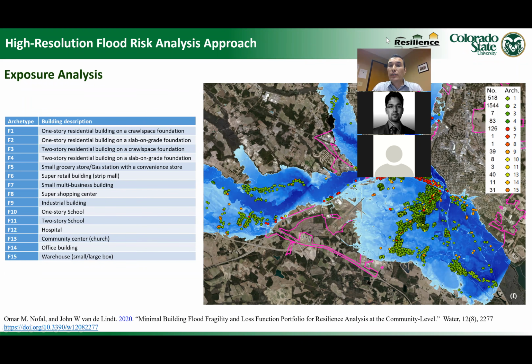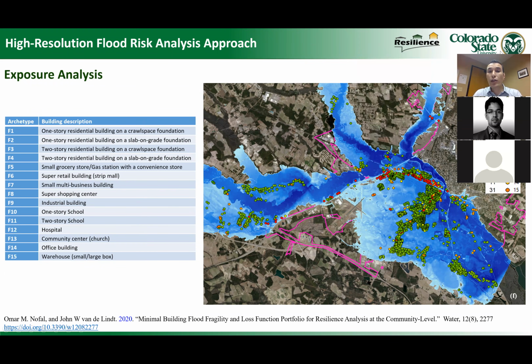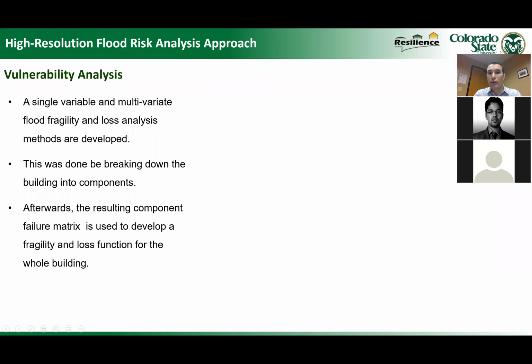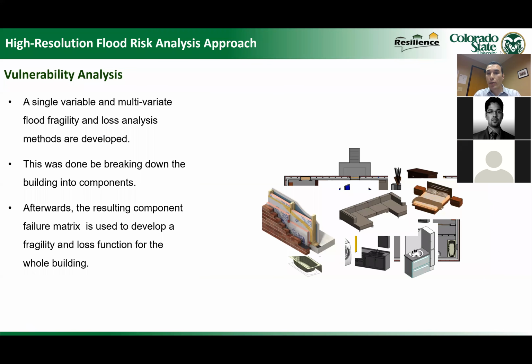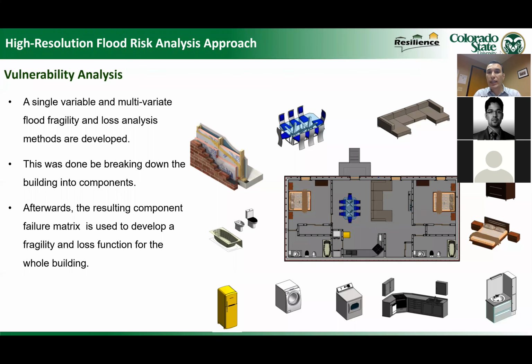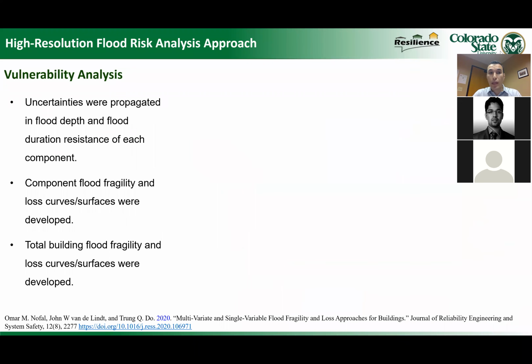Afterwards, we needed to develop a vulnerability model for each one of these archetypes. So we divided each building into components, and we investigated the flood susceptibility of each one of these components. Afterwards, the resulting component failure metrics are used to develop fragility and loss functions for the whole building.